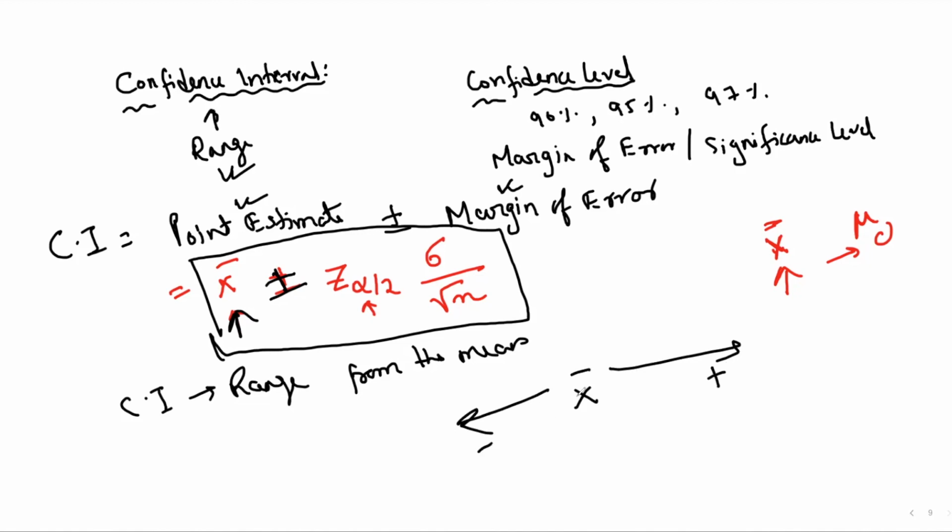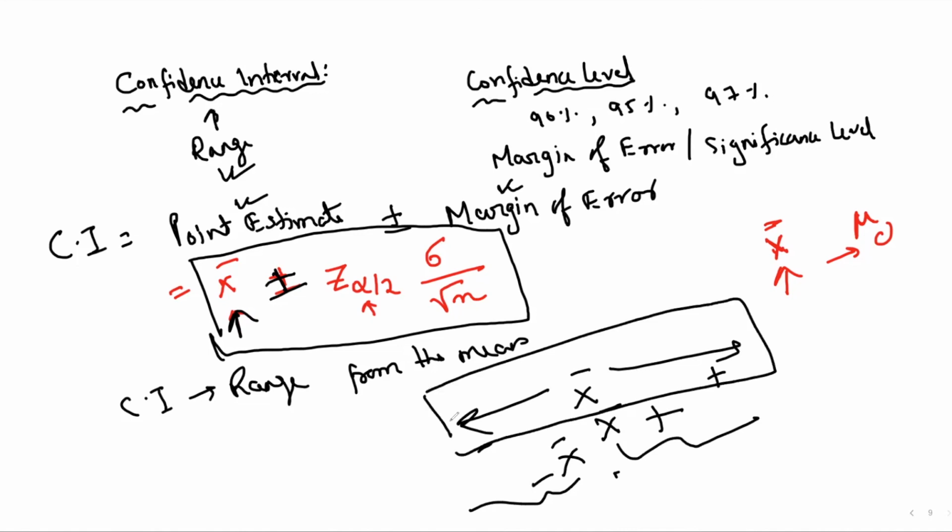This is positive, this is negative. That's why x bar plus this way, or x bar minus this way. It's basically a range. So this is about confidence interval.